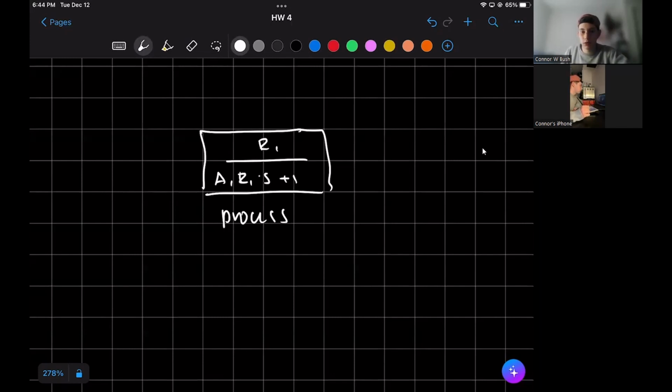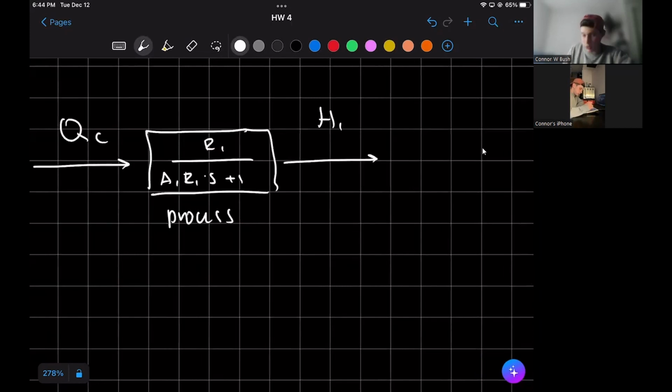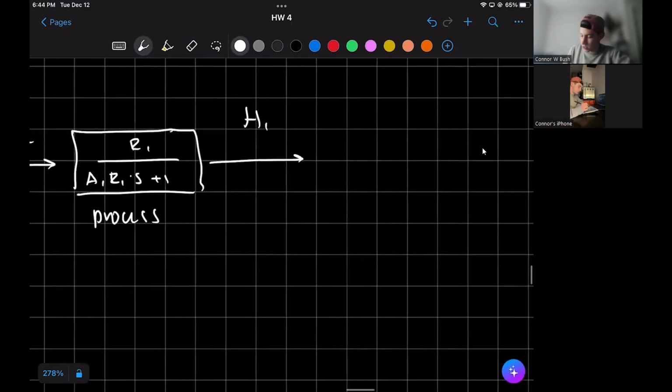And this was derived earlier for a tank. And then what we're inputting in here to this transfer function is some flow rate QC. And then out from there is some height H1 for tank 1.